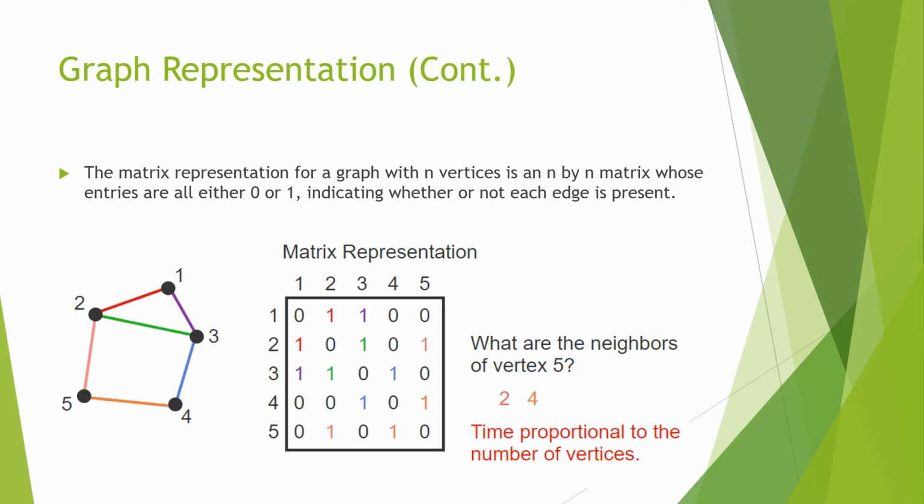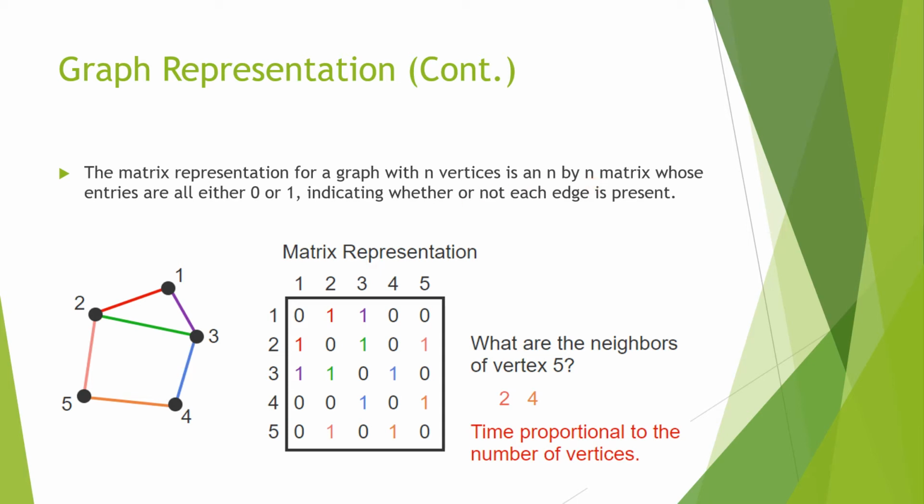Another representation of a graph is to use a matrix, a square matrix with n rows and n columns. So if you have n vertices, then the matrix representation has size n by n.